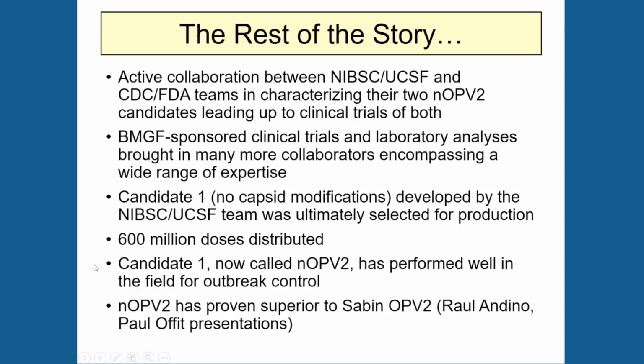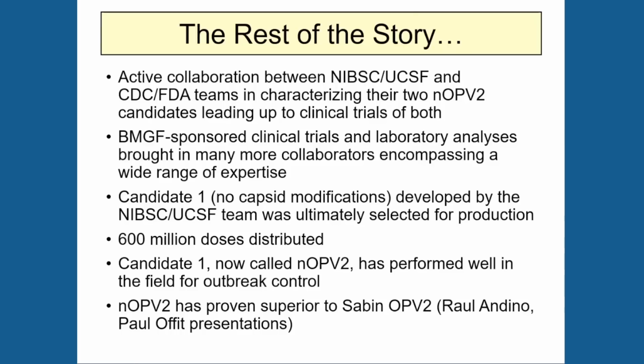So the rest of the story is that this is a product of active collaboration between NIBSC, UCSF, and the CDC FDA teams in characterizing both candidates leading up to the clinical trials.